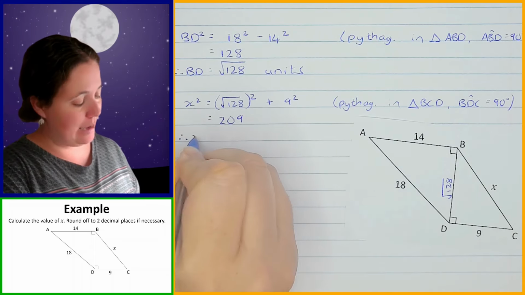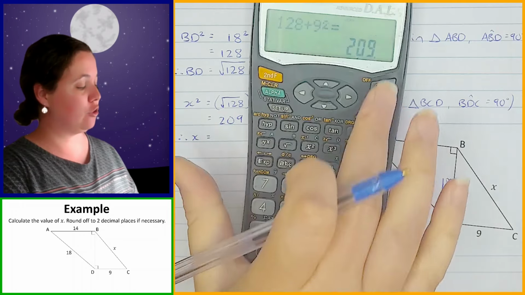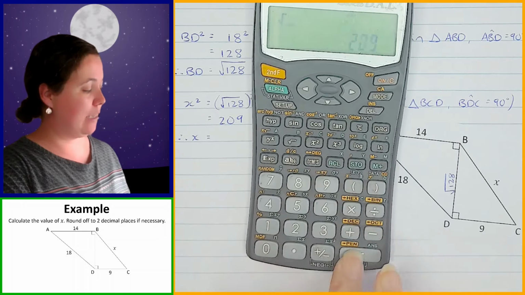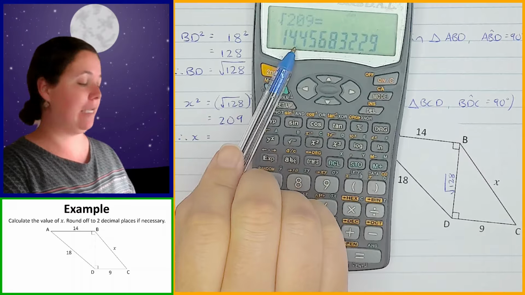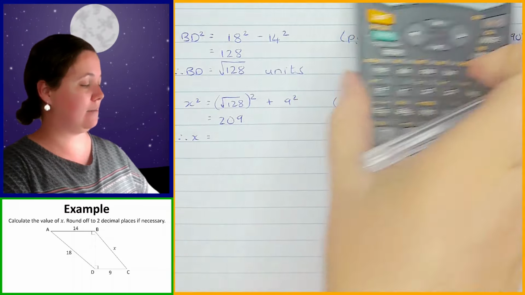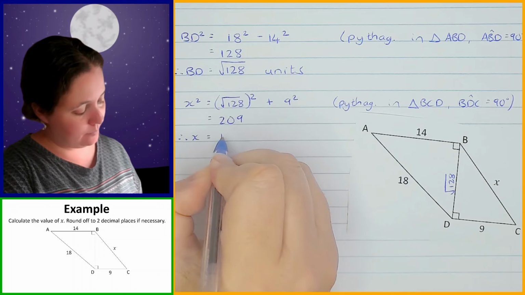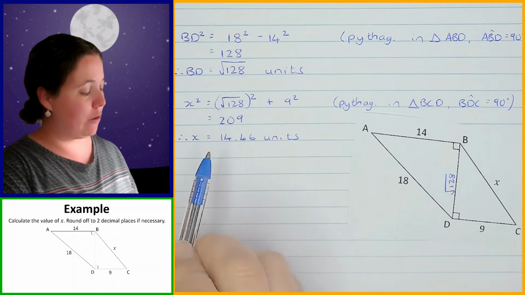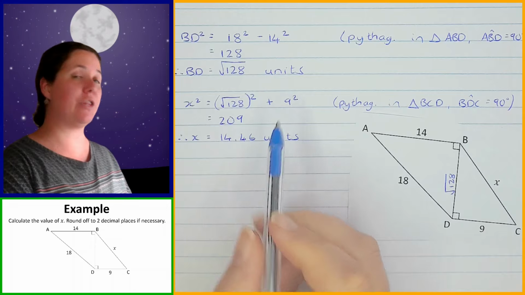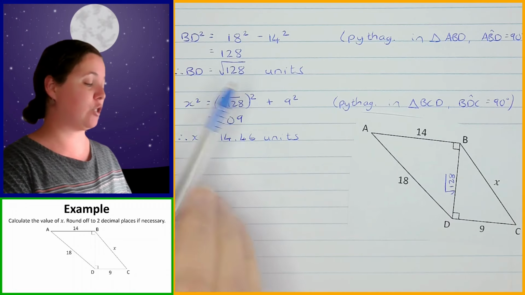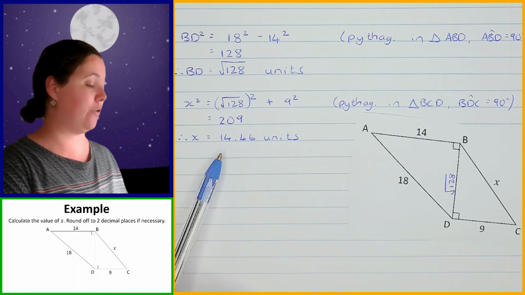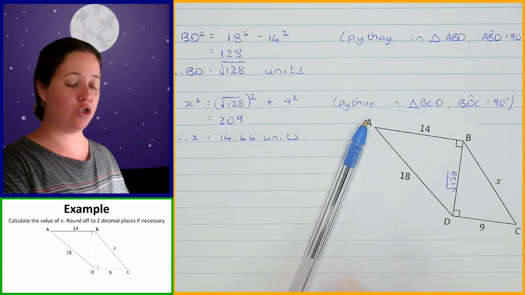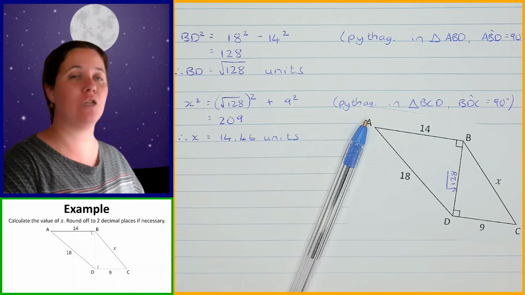So therefore, x is equal to the square root of 209, and that gives me 14.46 units. Now, this is where I round off because I'm now at the end of the question. Okay, so I don't round off until I get to the very end of the question. So for that one, you should get 14.46 units for x.